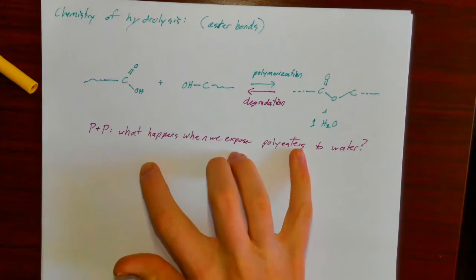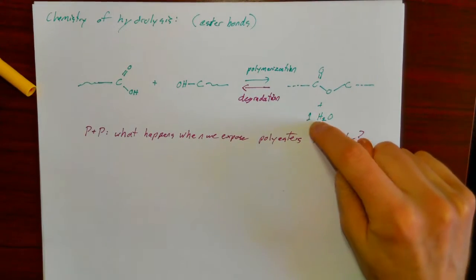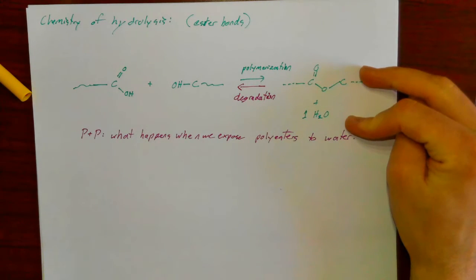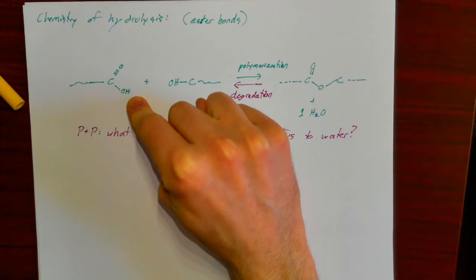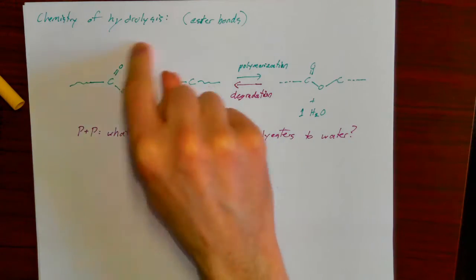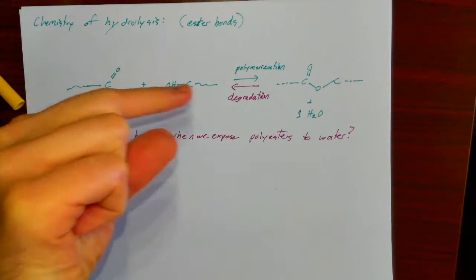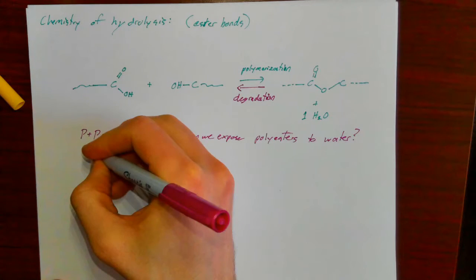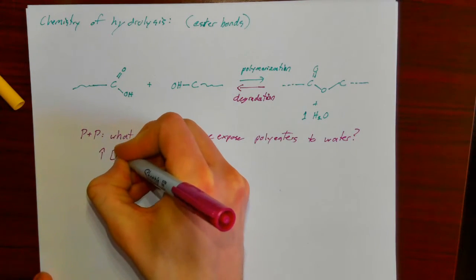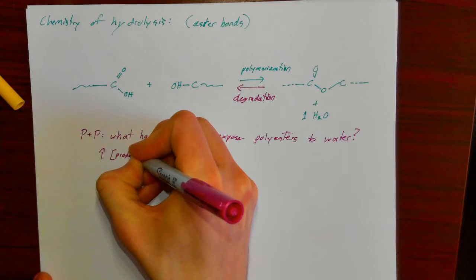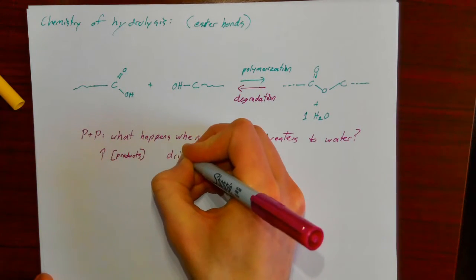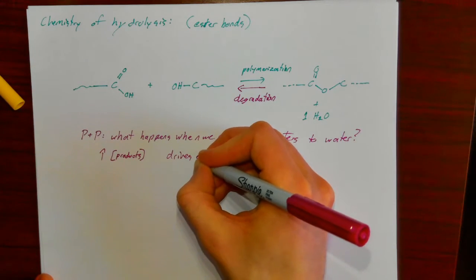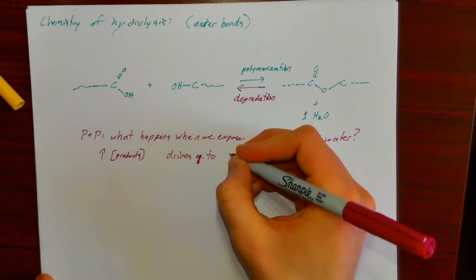Well, if you increase the concentration of products, then you drive the equilibrium towards reactants. And if you increase the concentration of reactants, then you drive the equilibrium towards products, right? So what's the key thing here? We basically increase the concentration of products, and that basically drives the equilibrium to reactants.